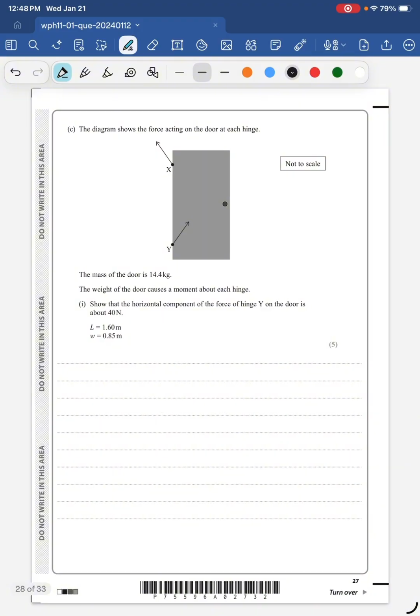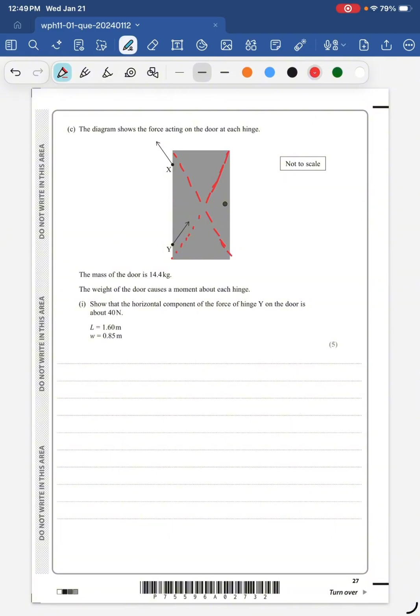Okay. Part C. The diagram shows the force acting on the door at each hinge. The mass of the door is 14.4 kilograms. The weight of the door causes a moment about each hinge. Show that the horizontal component of the force of hinge Y on the door is about 40 newtons. Okay, so the center of gravity for the door is, you can draw the diagonals.